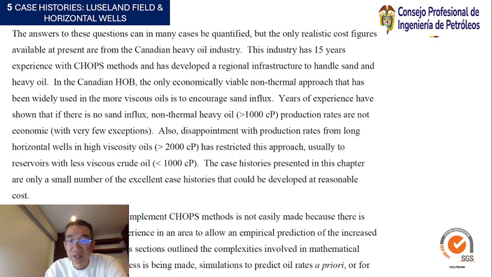The case histories presented in this chapter are only a small number of the excellent case histories that could be developed at reasonable cost.